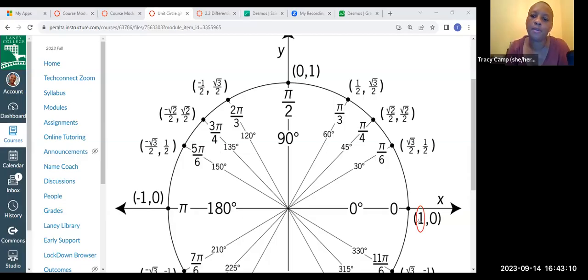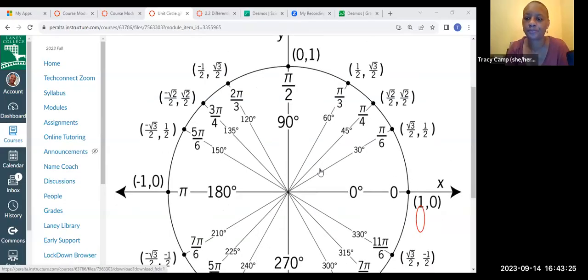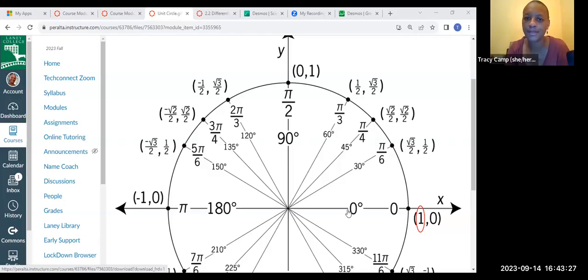Like you have +1 at 0 and then a -1 at pi, right? And then at pi/2 and 3 pi/2, the cosine values are just 0. So I only have this happening at 0. So this is my answer.